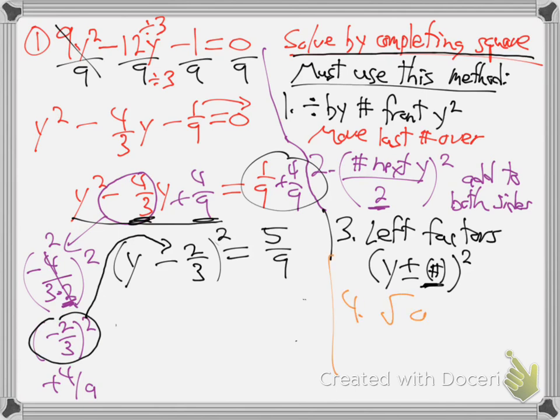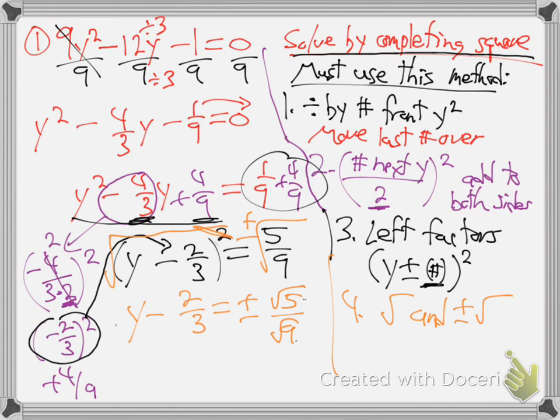Step 4, root and plus or minus root. So now you put a root over this side and a root plus or minus on that side. The rooting cancels the squaring, and you get y minus 2/3 is plus or minus the square root of 5, over the square root of 9.